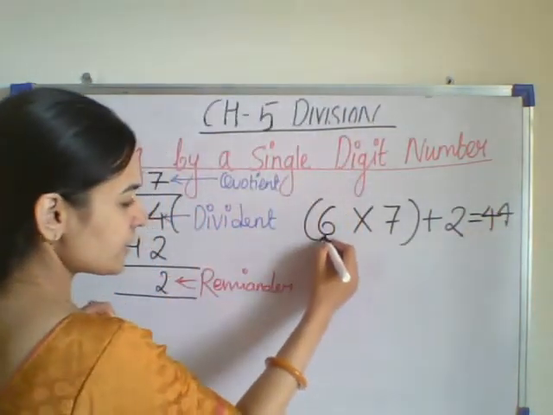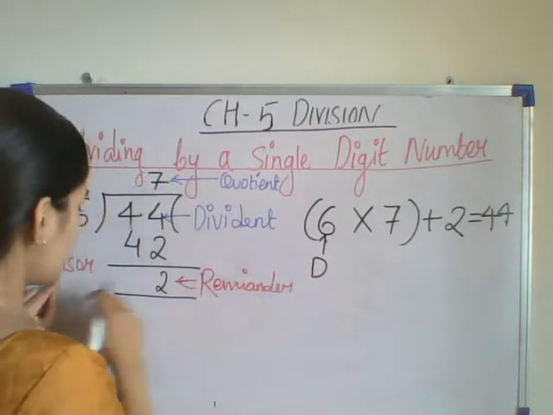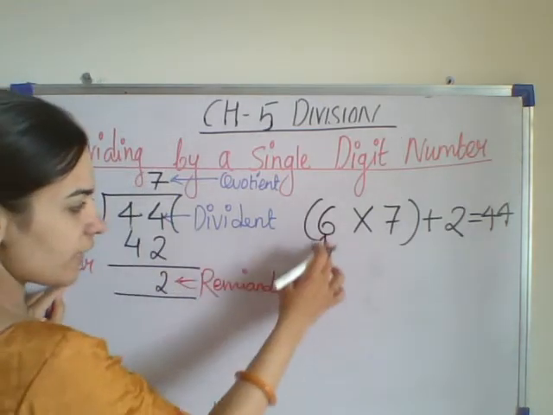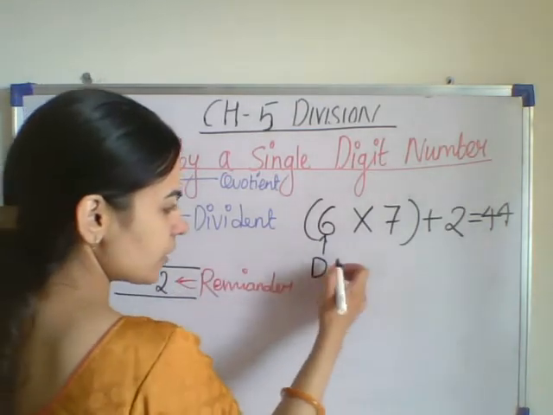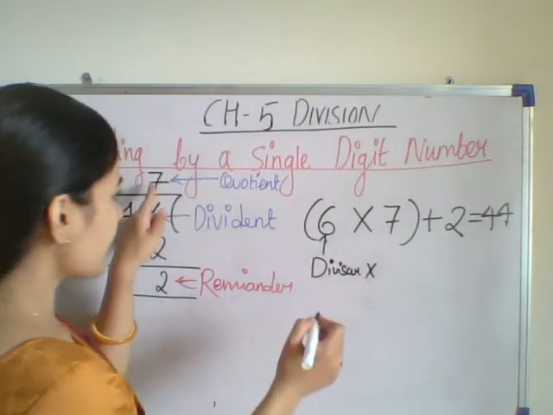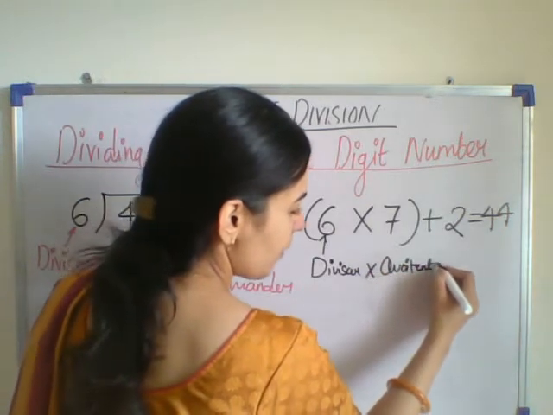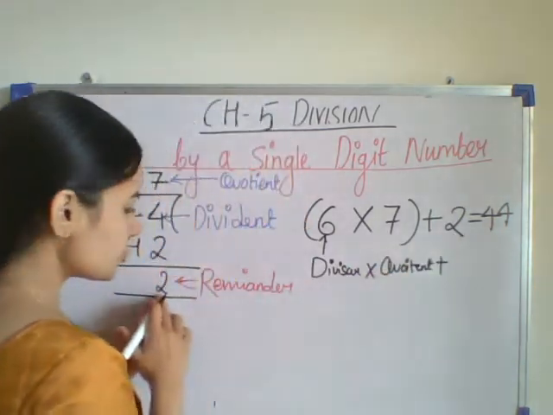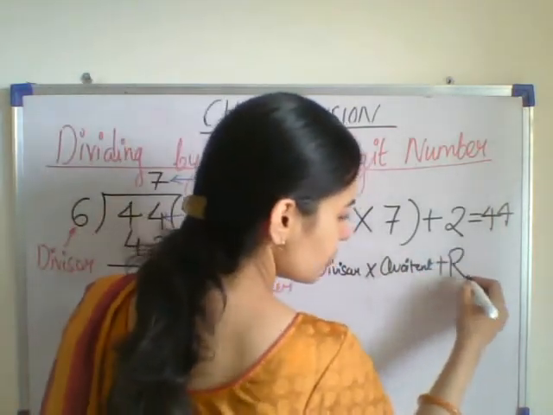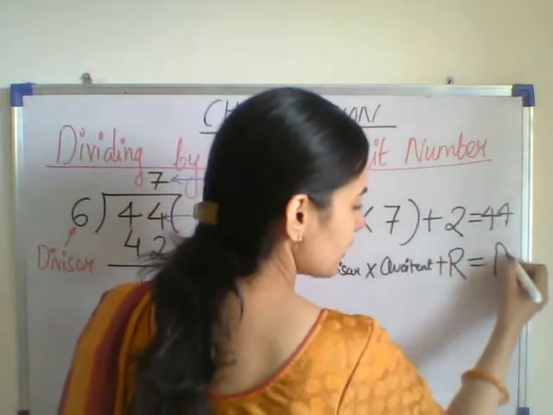So what is 6? 6 is the divisor. So for the divisor I am writing here divisor multiplied by 7, the quotient, plus 2. What is 2? 2 is the remainder. So it should be equal to the dividend.